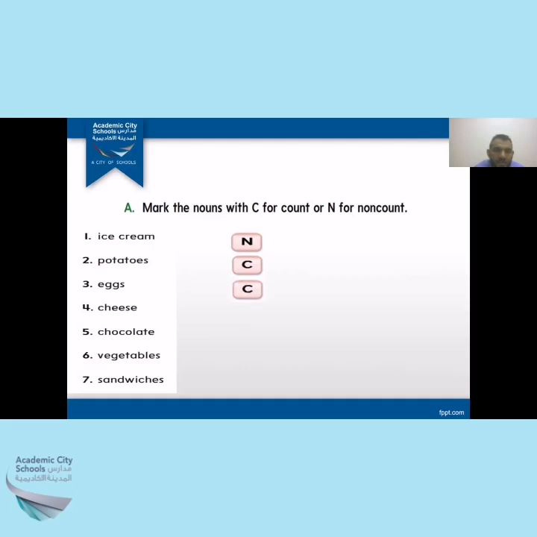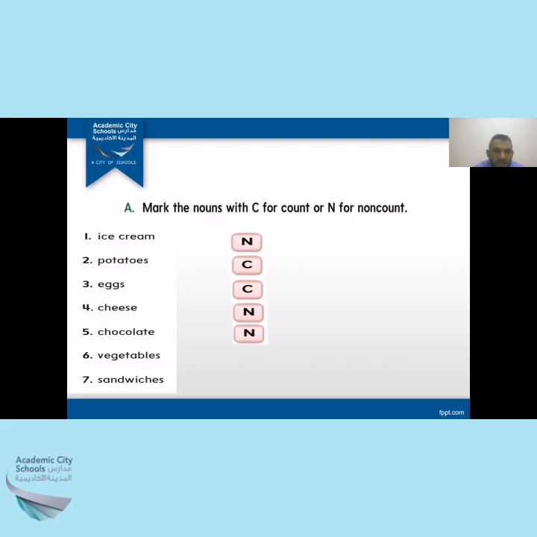Number 4, cheese. Cheese is count or non-count? Excellent. It's non-count noun. Number 5, chocolate. Is it countable or non-count? Excellent, non-count.